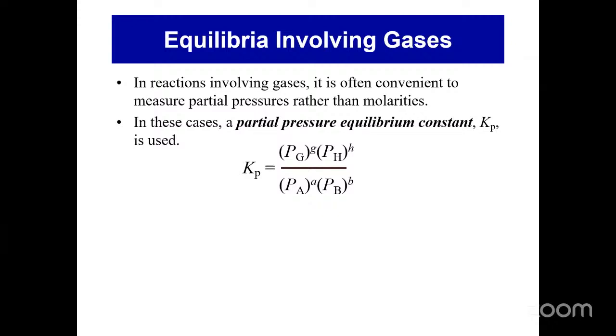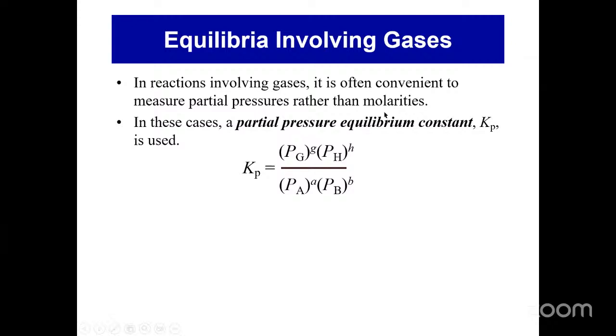So as a result, there's another equilibrium constant that is used for gaseous systems. It's called the equilibrium constant for partial pressure of gases, right? And basically, it's the same arrangement as in the case of Kc. The only difference is that we just put in the pressure terms, right?